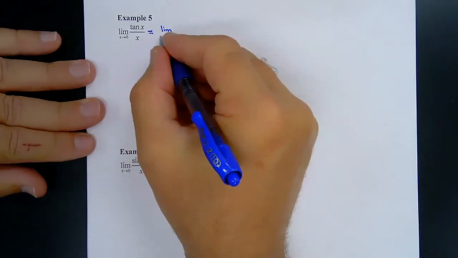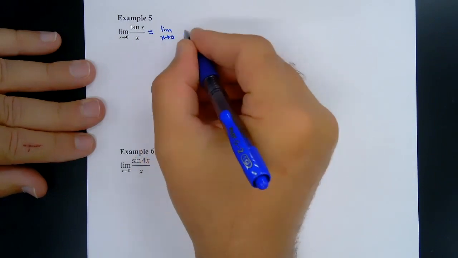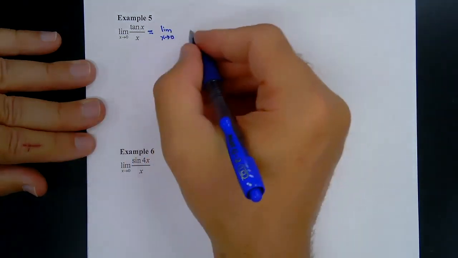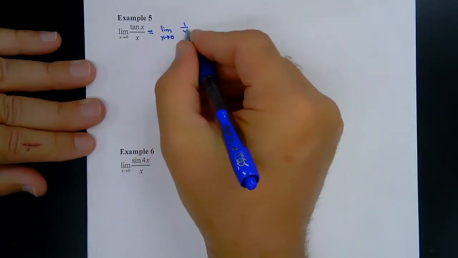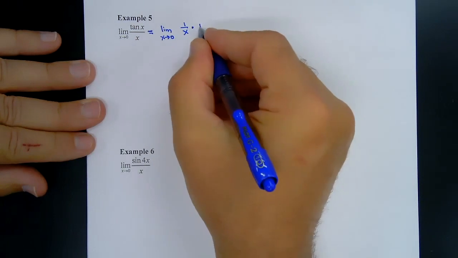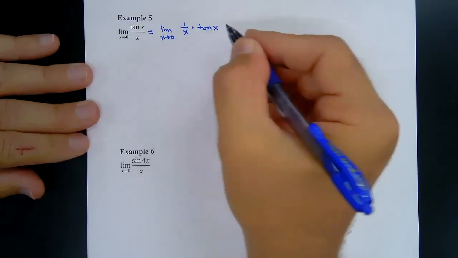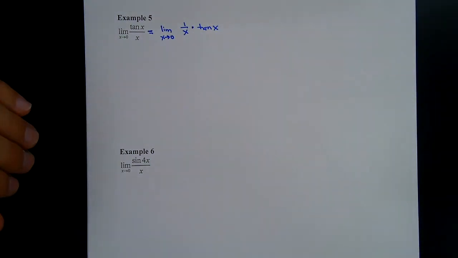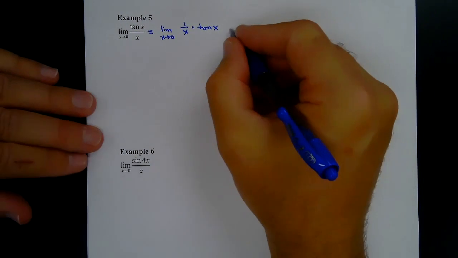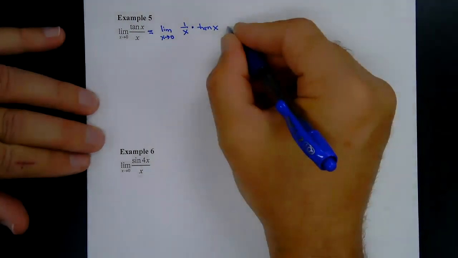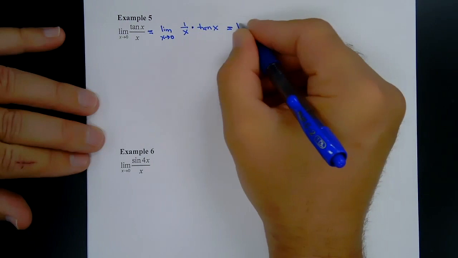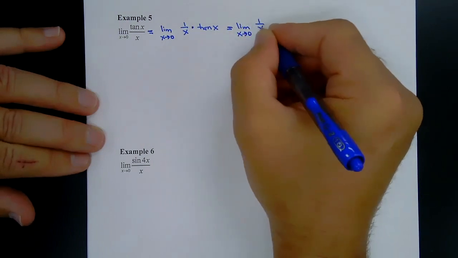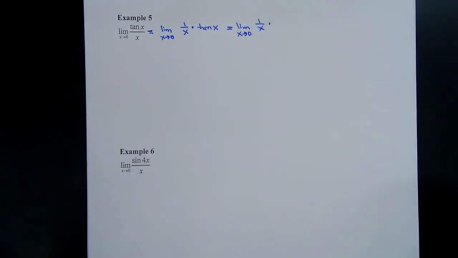So this is the limit as x approaches 0 of, I'm going to separate this, and make this 1 over x times tan x. So this is where we pick up trigonometry: we need to remember some of the trig identities that I showed you last spring when we were on distance learning. So this is equivalent to the limit as x approaches 0 of 1 over x times tan x, which can be rewritten.